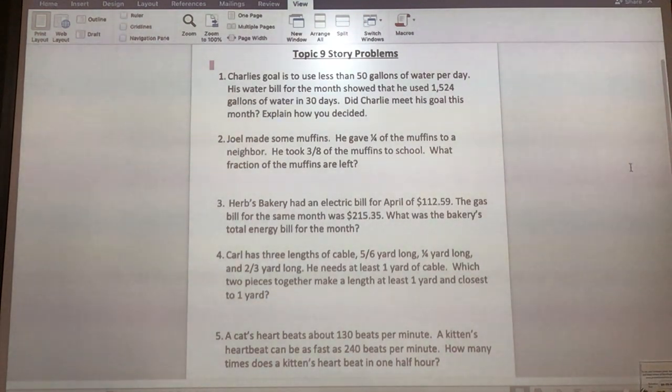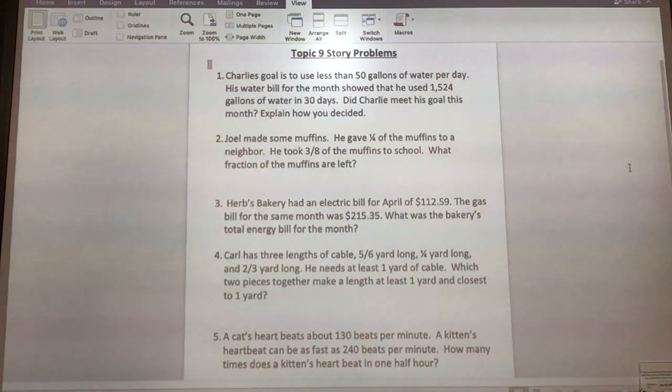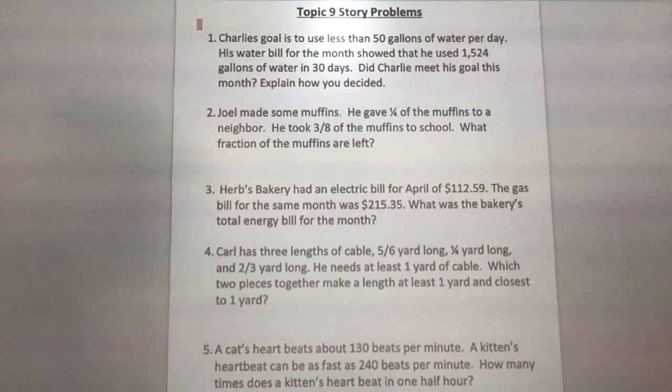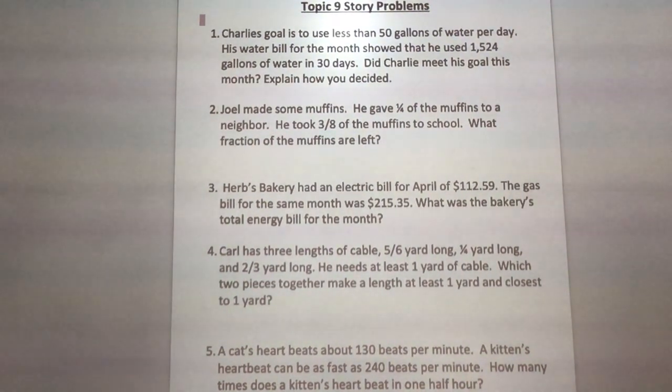B. What does my B stand for? Aiden? Boxing the question. So what is my question here? Justice? Did Charlie meet his goal this month? So you should put a box around that. Put a box around it.